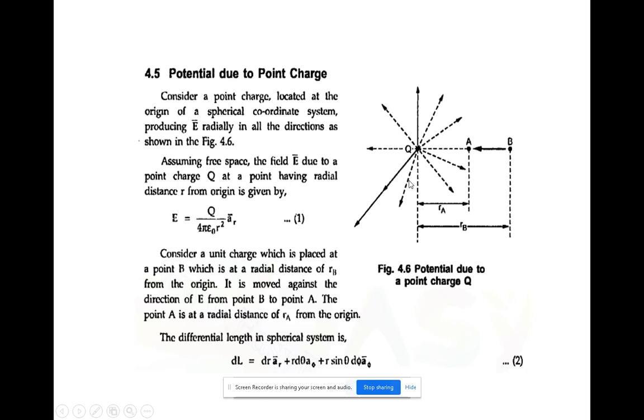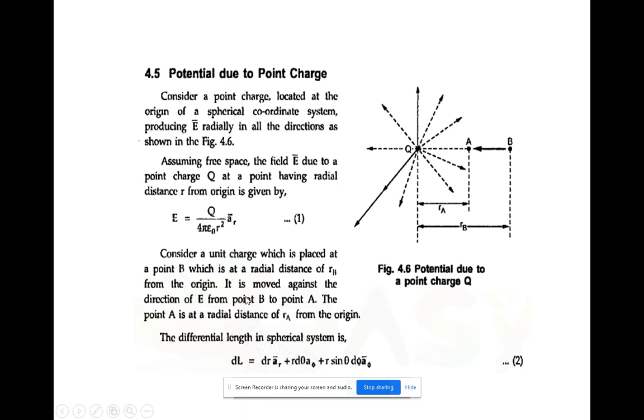We are going to place the unit charge; the charge value will be 1 here. So I place it at the point B, with a distance R_B from the charge Q. From the point charge Q, the distance to this unit charge is R_B.